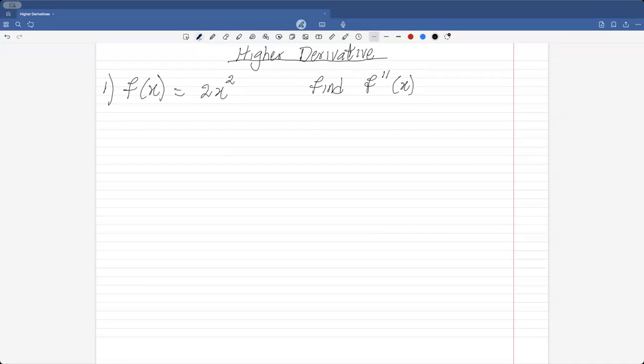What does this mean? It simply means find the derivative of the function 2x to the power of 2 times.